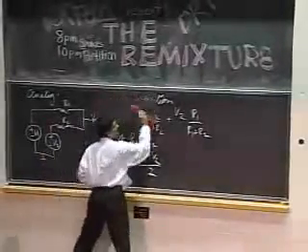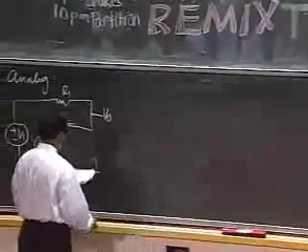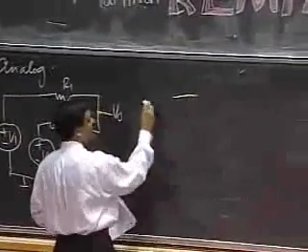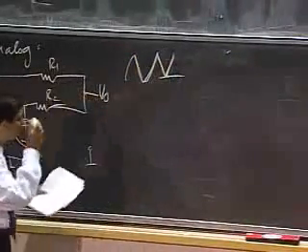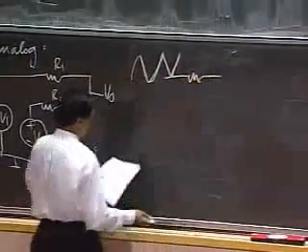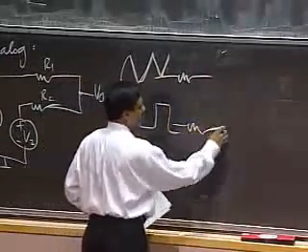I'll switch to page 3. Let me just draw a little sketch for you here. What I showed you was a triangular wave coming on one of these inputs, and a square wave on the other one.